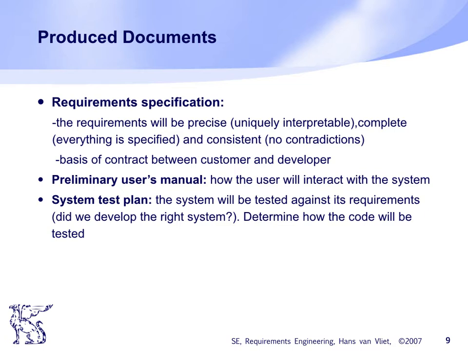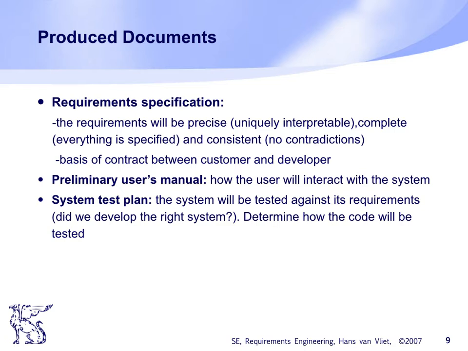And after this phase, with the software specification document, we should also deliver a user manual. The user manual describes how the user will interact with the system. And there is one more deliverable, that is the system test plan.